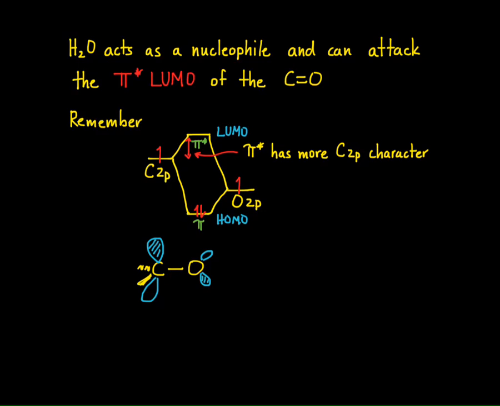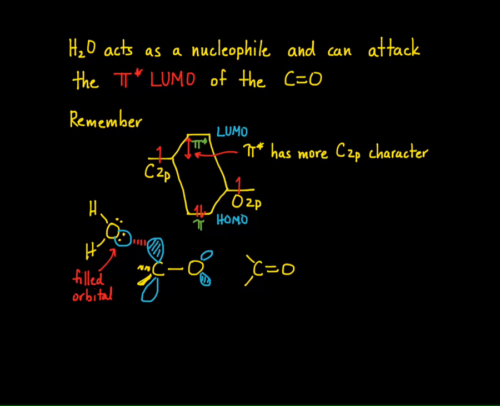If we represent that antibonding molecular orbital, we see that much more of the orbital is expressed on the carbon than on the oxygen. And so when a nucleophile comes in, it's going to attack that carbon. The carbon's electron deficient. So here I have water as my nucleophile. I have a filled orbital with two electrons on that oxygen, and they start to donate into that antibonding orbital of the carbonyl, which resides namely on the carbon.